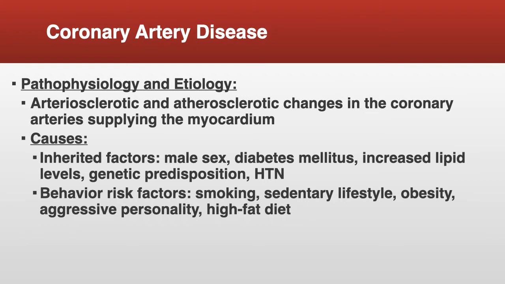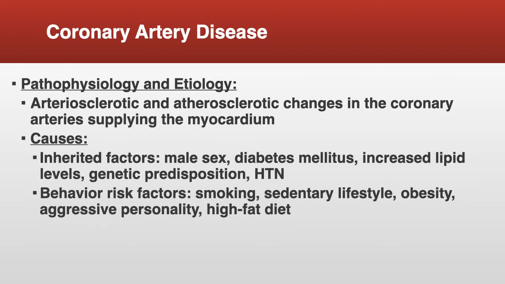So our patho consists of arterial sclerosis and atherosclerosis, which both, as we discussed, impair that blood flow to the myocardium. Causes can be an inherited factor, men more than women, diabetics, increased lipid levels, genetic predisposition, and hypertension.